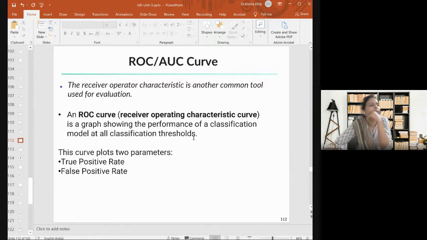Okay, so this is actually a graph which shows the performance of a classification model at various classification thresholds. This plot has two parameters: one is TPR and another one is FPR, true positive rate and false positive rate.